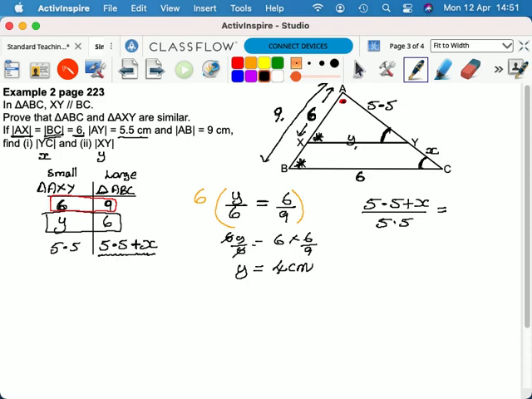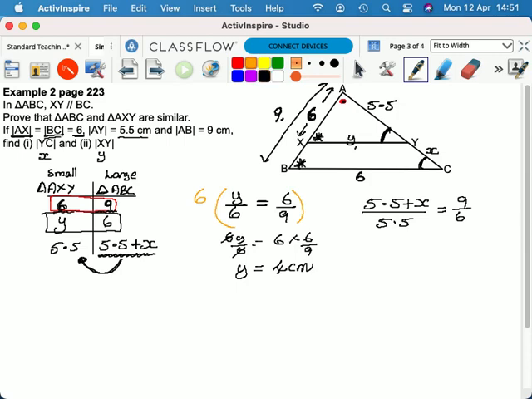Because what we did was large divided by the small. So we must always remember that when we're comparing similar triangles, we must do the division the same way round. So because we did large divided by the small, we've now got to do 9, the larger number, divided by the 6.